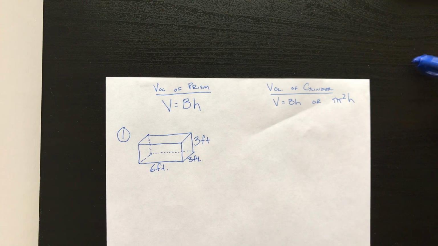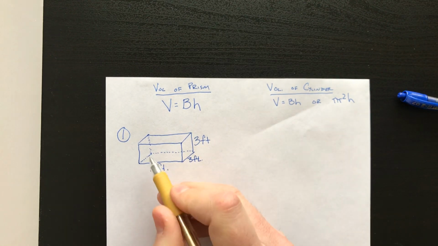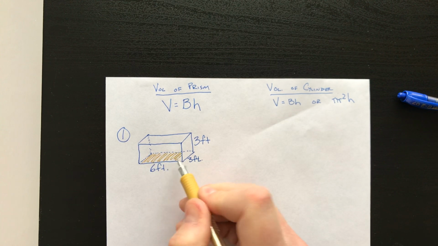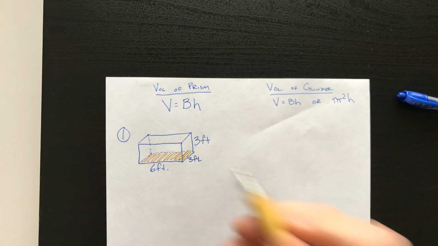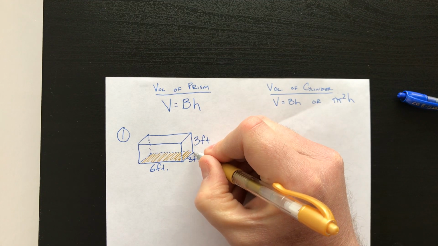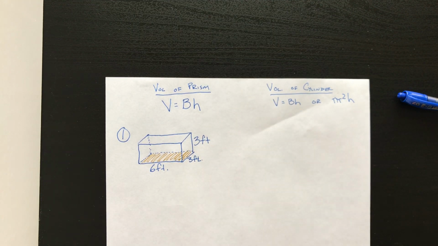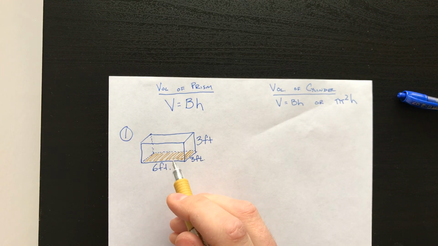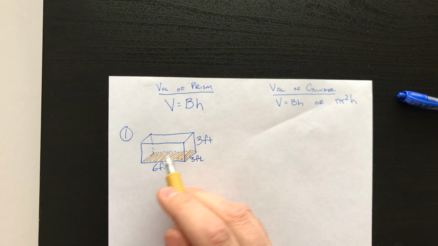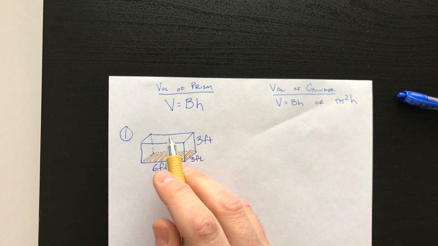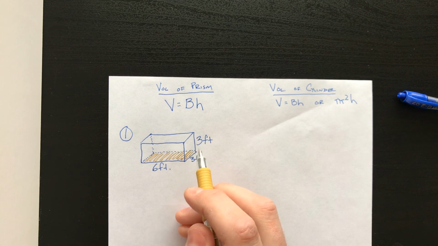So all we're doing here, we are finding the area of this base. And then we multiply it by the height. It's kind of like you take the area of that rectangle and ask how many rectangles can we fit inside of this solid figure until we get to the top, which would be the height.